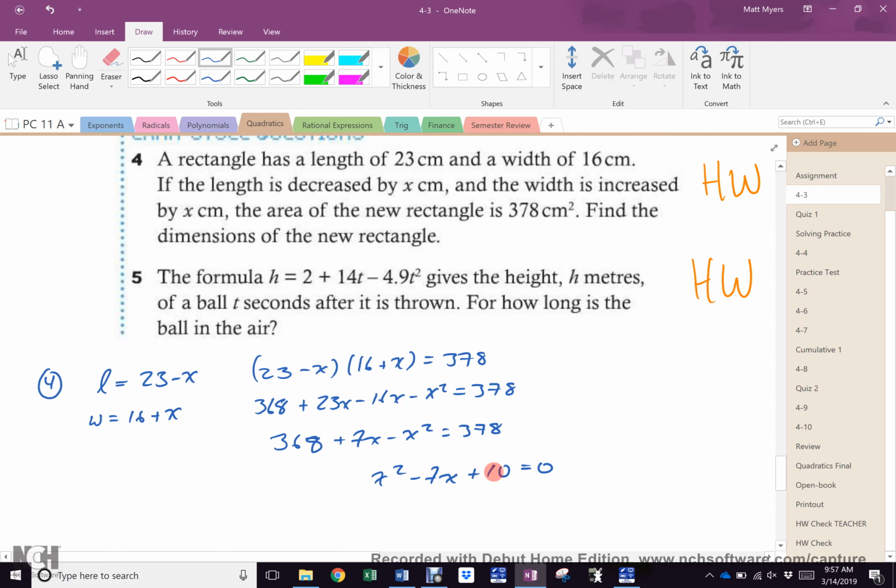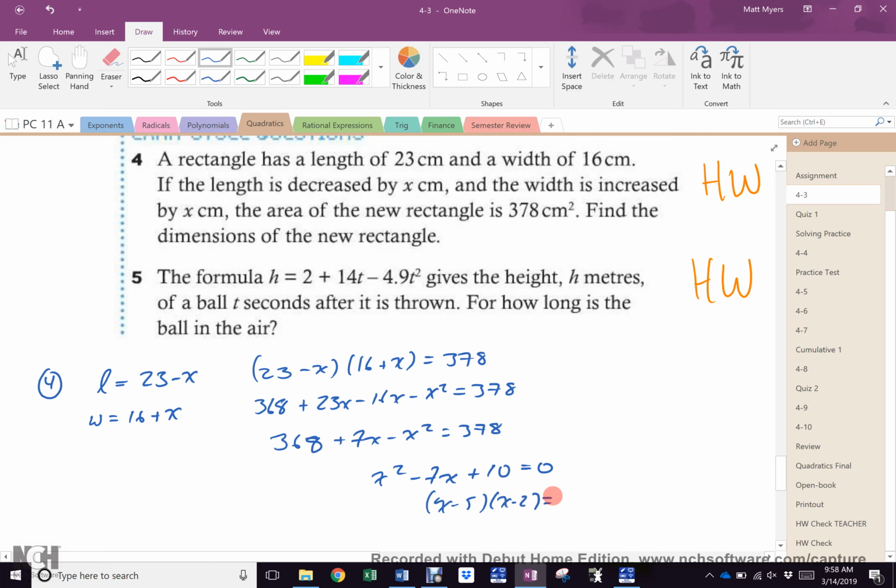Now, do I even need to use the quadratic formula here? Why not? What does this do? It factors. To what? X minus 5, x minus 2.